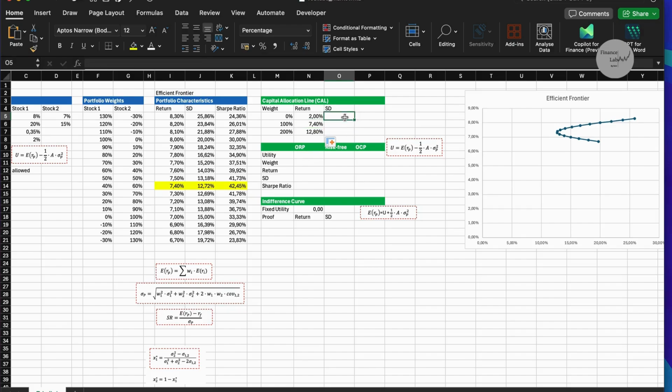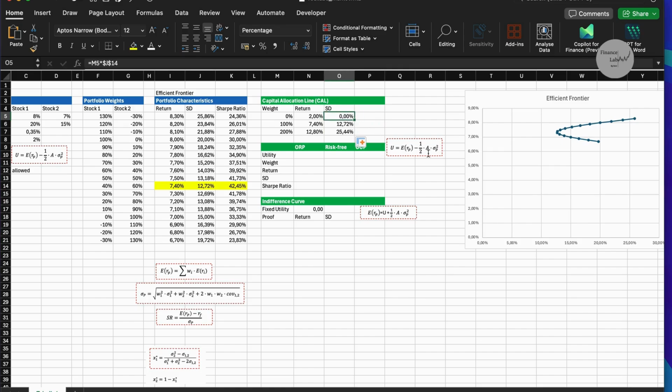For the standard deviation, we know that the risk-free rate has a standard deviation of 0. So we just need this weight times the standard deviation of the optimal risky portfolio, lock this to get our standard deviation from this portfolio.